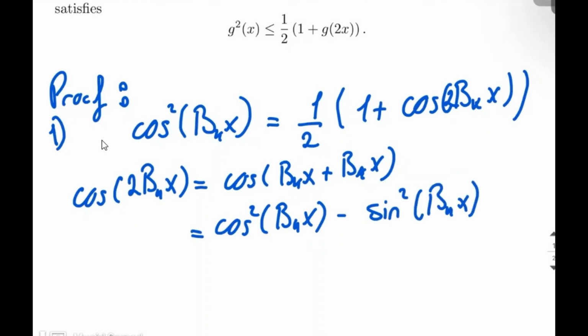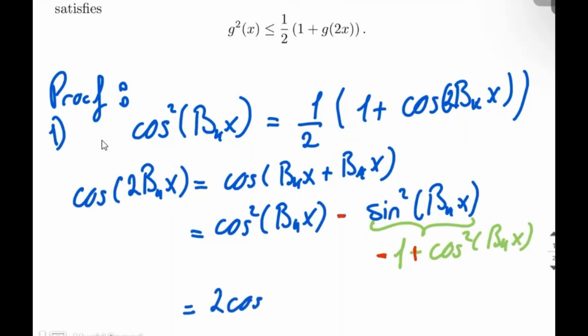Well, and sine squared of beta k x is the same thing as 1 minus cosine squared of beta k x. Okay, so this minus will flip the plus 1 into minus, and we'll flip the minus cosine into a plus. And then we have 2 times cosine squared of beta k x minus 1.